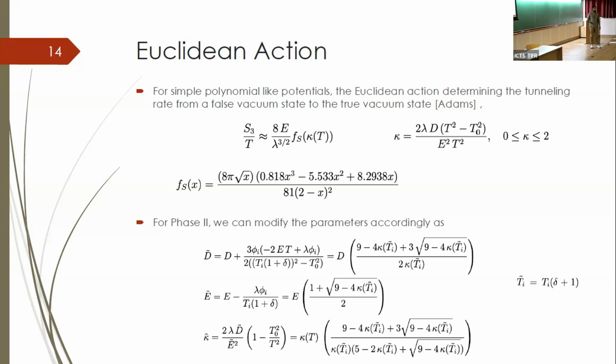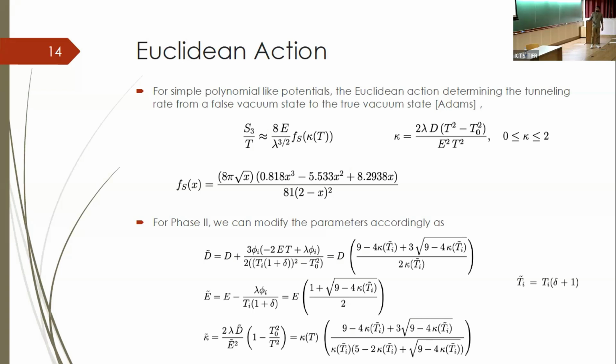The important quantity here is this kappa, which is proportional to the model parameter eta, times 1 minus t naught square by Tn square. Importantly, kappa lies between 0 and 2. When kappa is close to 2, the transition is very fast. If it's very small, closer to 0, then it might enter into the supercooled region.